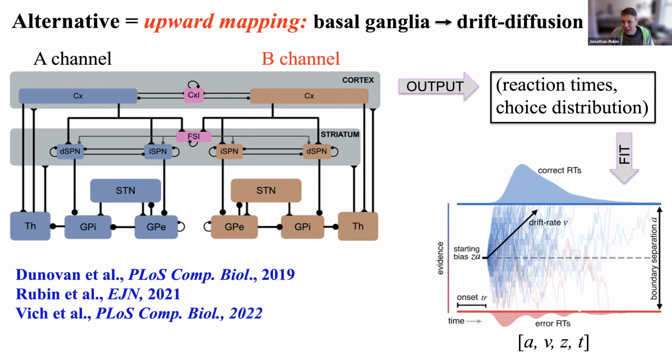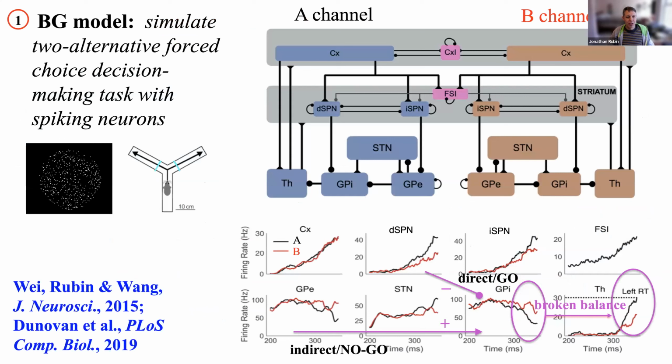I'm very happy to discuss and take questions as we go or at the end. To go into a little more detail on what we do, we're thinking again of some sort of two-alternative forced choice task. You can think of the dot motion from the beginning of the talk, or a situation like a rat or a mouse in a Y maze, or us in many situations in life, looking at a menu or whatever.